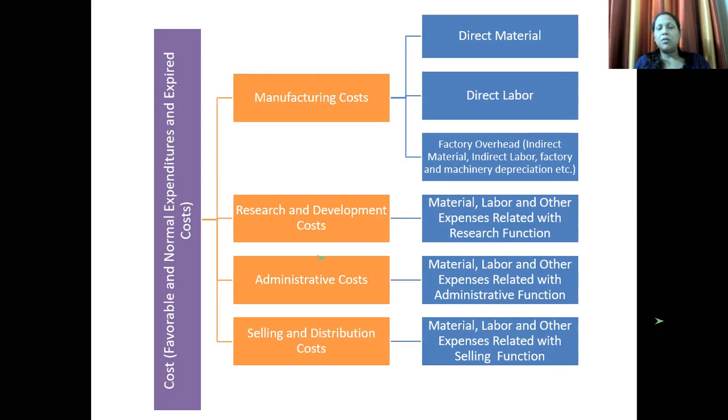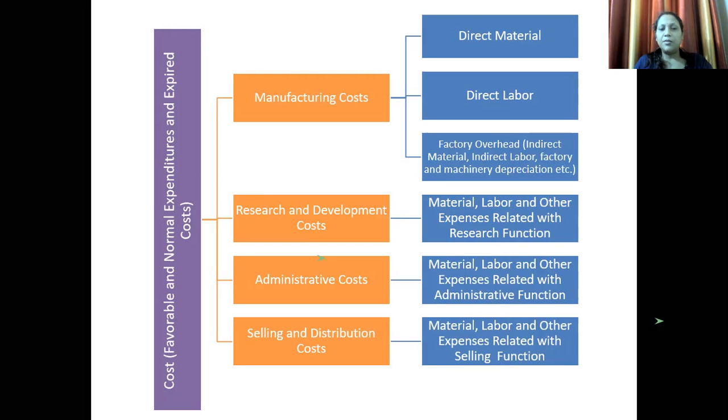So the wages or salary of the administrative employee, and also the salary of labor, I mean the salary of fourth grade staff, and also other expenses. That means the paper contingency. What is meant by contingency? That is meant by other expenses related to administrative function. Same is applicable for research and development cost also.